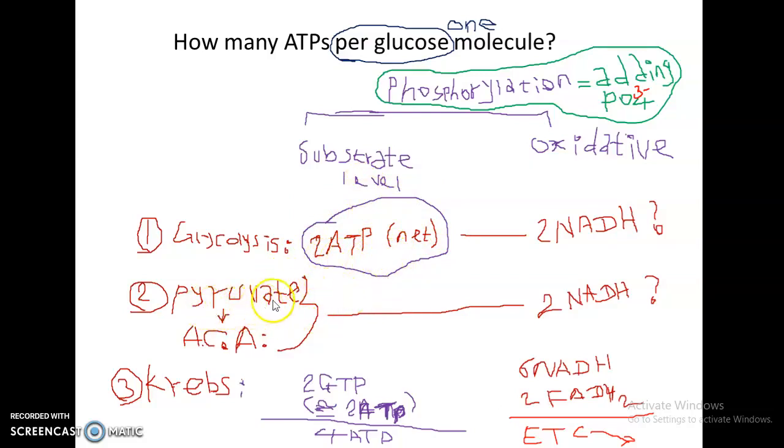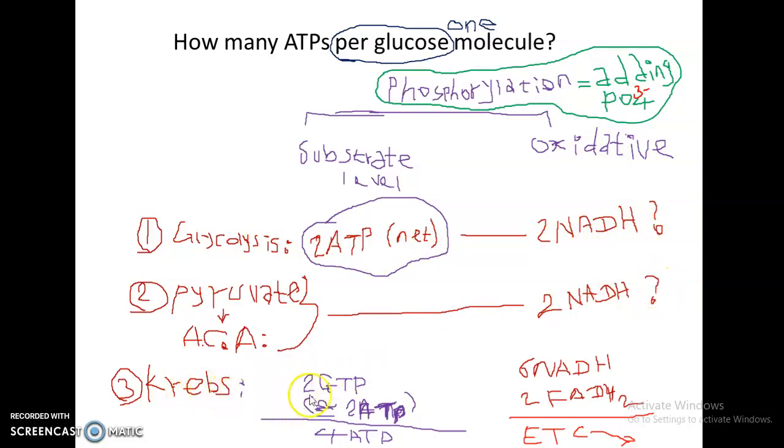Again, in the conversion of pyruvate into acetyl-CoA there will be 2 NADH. This is for oxidative processes. Again, here 2 NADH from glycolysis. We know that they will be converted into ATP in or after the electron transport chain.